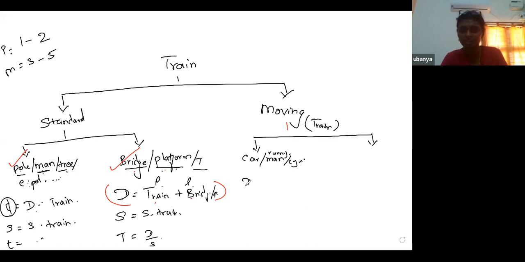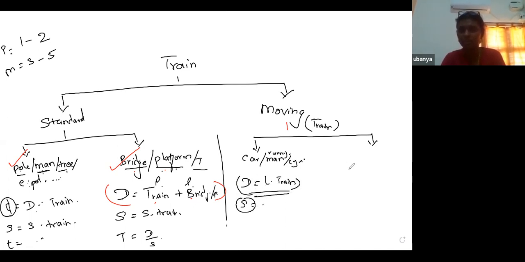So here the distance would be only the length of the train, and the speed would change. Only this portion we have to consider in mind.